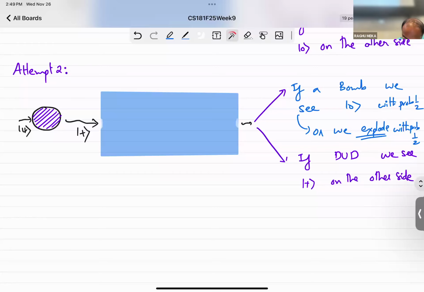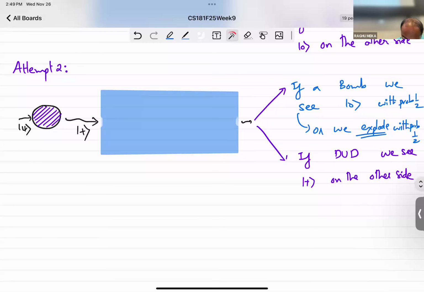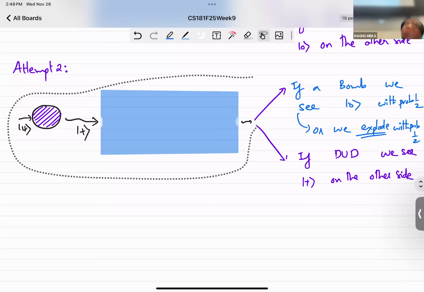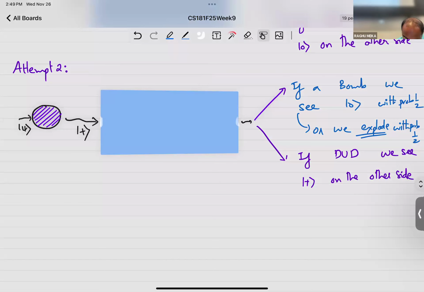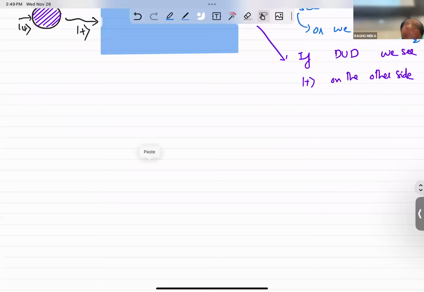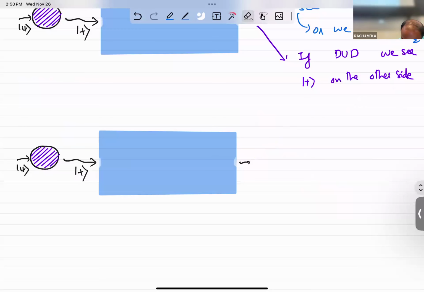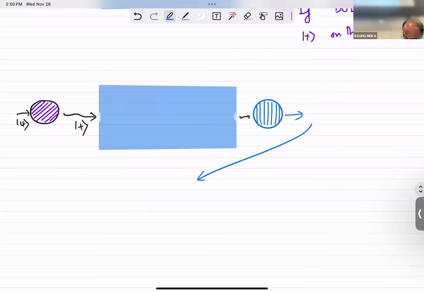So imagine you gave me this device. I'm just going to do the following. I put a vertical filter through and then check what happens. Then we have two cases.